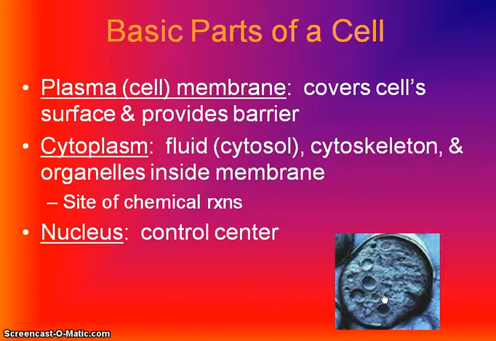The organelles are also located in the cytoplasm of the cell. The cytoplasm helps to hold everything in place. Organelles are similar to our organs. They all have certain roles that they play for the cell. And within the cytoplasm, specifically the cytosol, or those little fluid pockets, is where chemical reactions are going to occur.